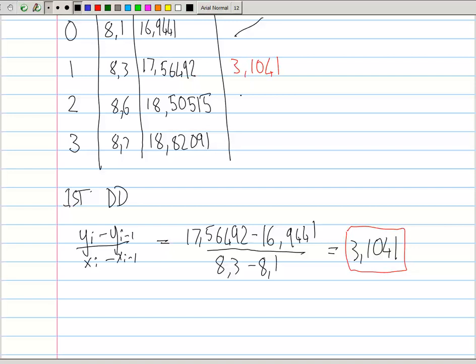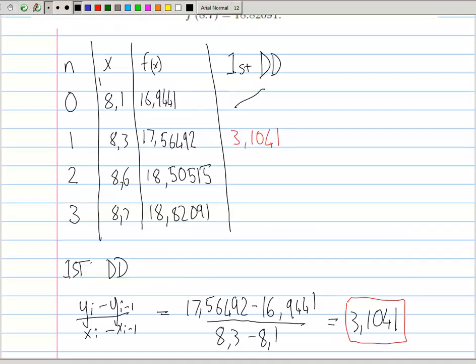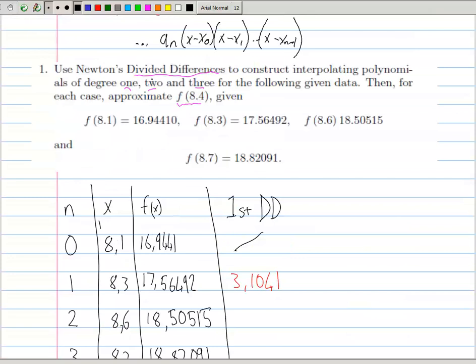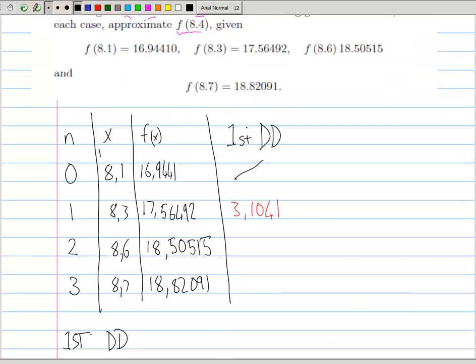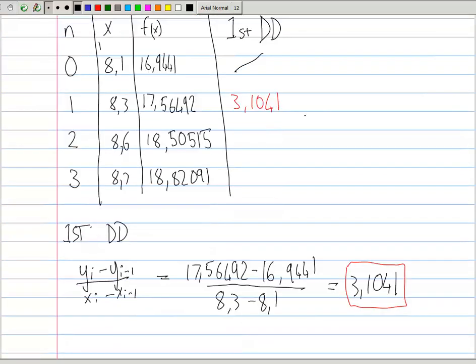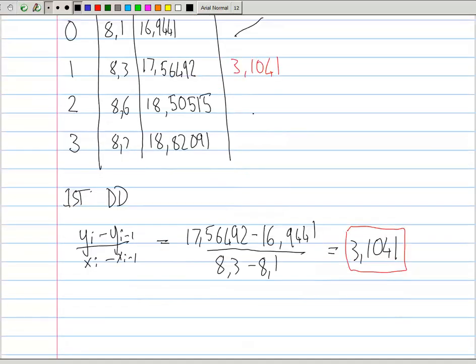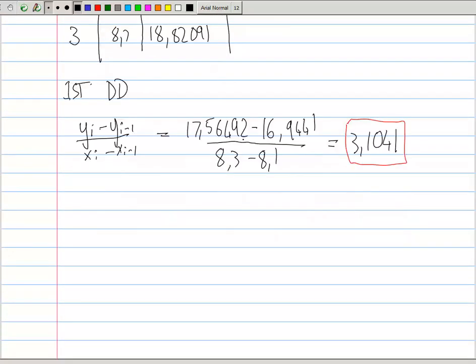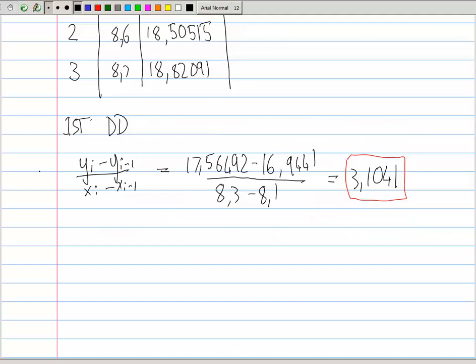Now, because they've asked us for degree 1, 2, and 3, that means we're going to need divided difference 1, 2, and 3. So we're going to do the next two values, even though we don't actually need them for the first part. We're going to do them because we need them for the second and third part.